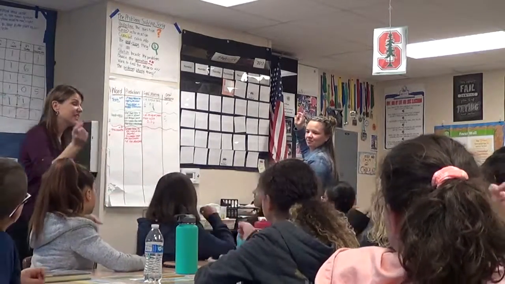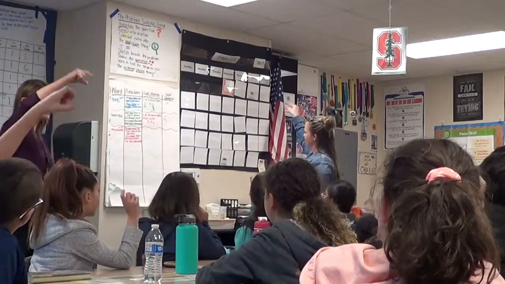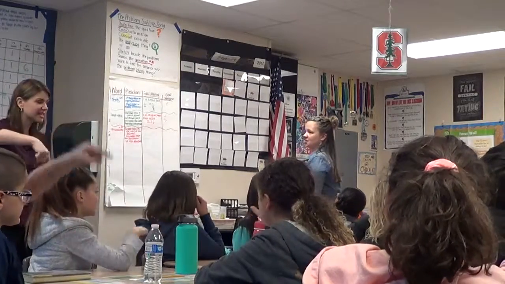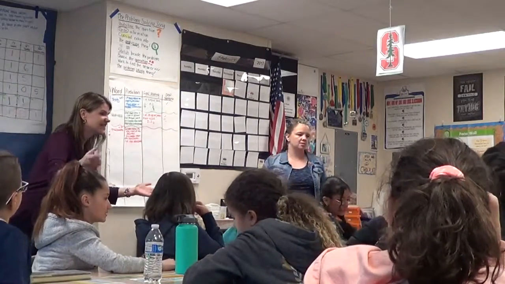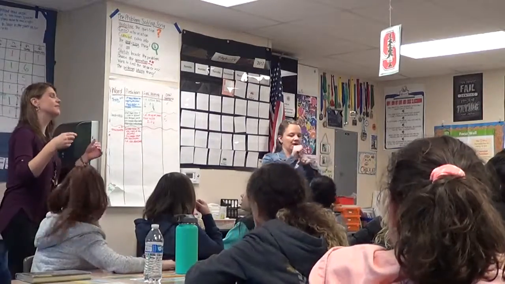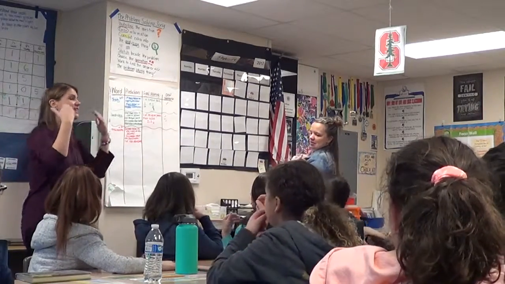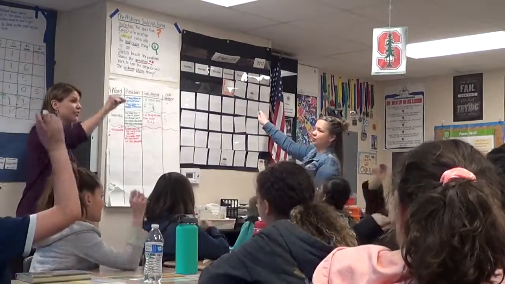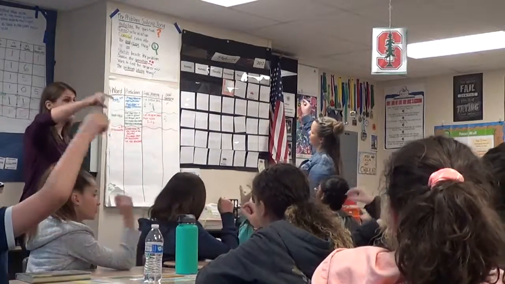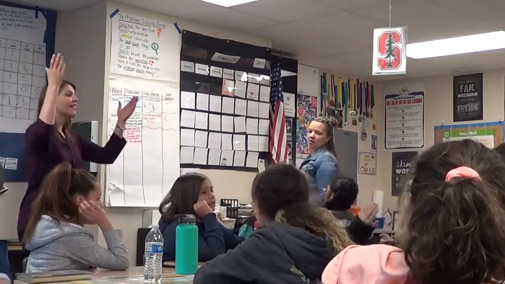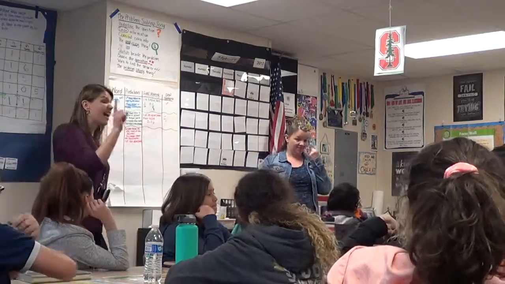Thousands. Third place value to the right of the decimal. So one more practice because it seems kind of tricky. Thousands. Third place value to the right of the decimal.